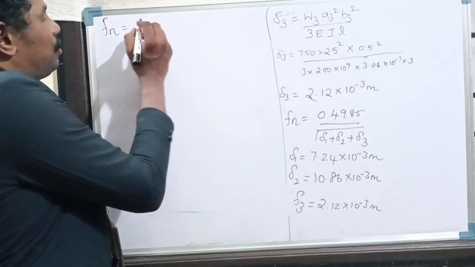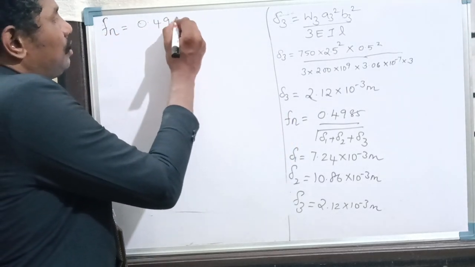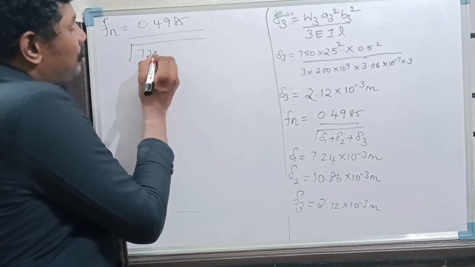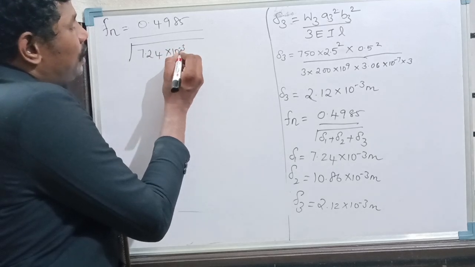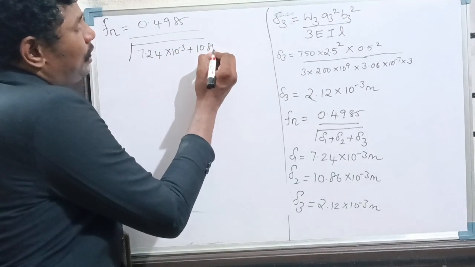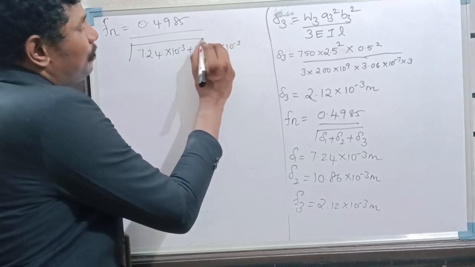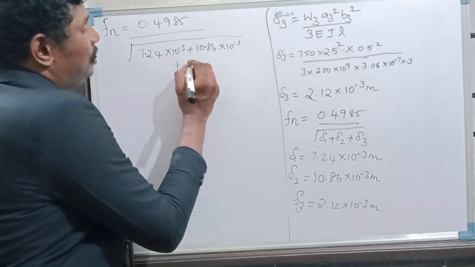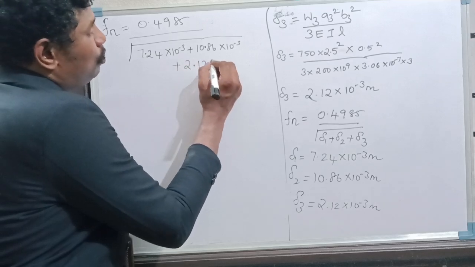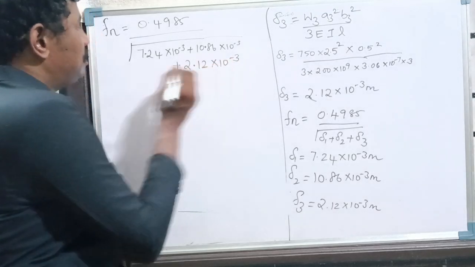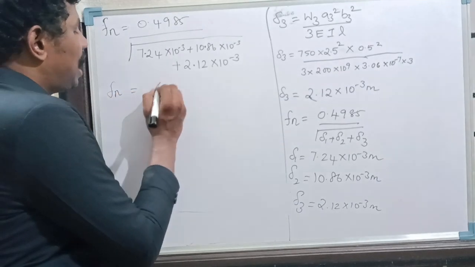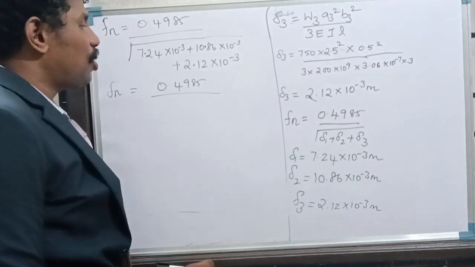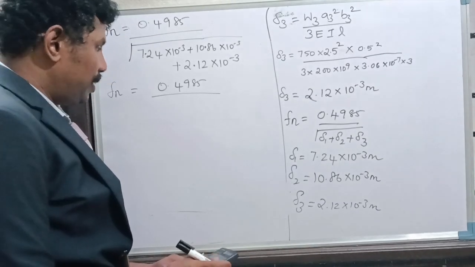So frequency is equal to 0.4985 divided by root of delta 1, which is 7.24 into 10 power minus 3, plus 10.86 into 10 power minus 3, plus 2.12 into 10 power minus 3. So first we can calculate the denominator value, then we can divide the numerator and denominator, and we can calculate the frequency.